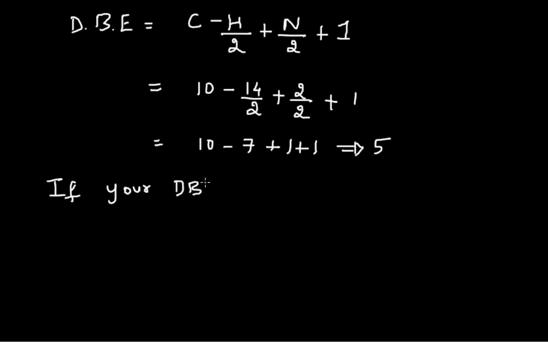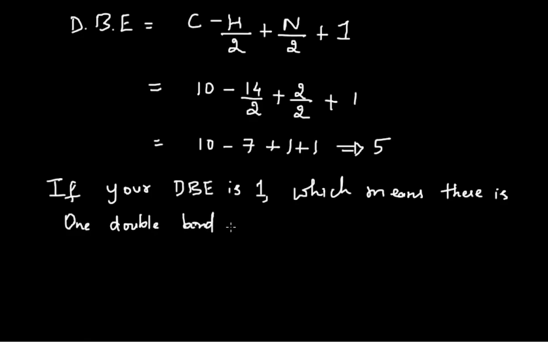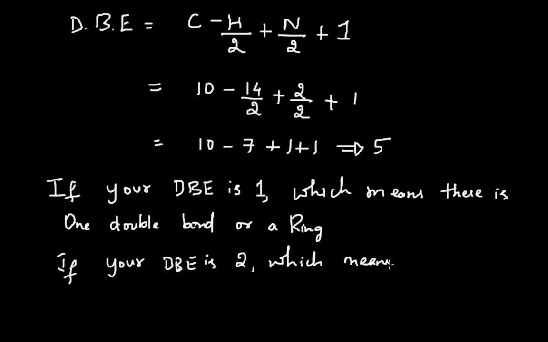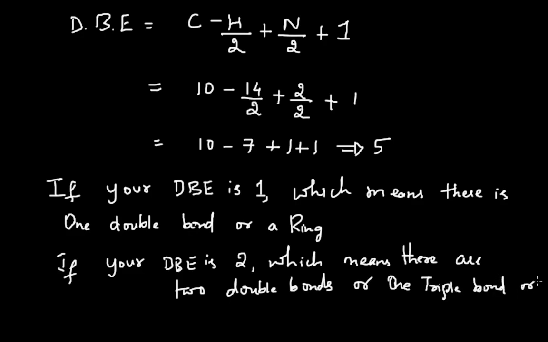Now if your DBE is 2, which means there are two double bonds, or there is one triple bond, or there is one double bond and a ring.